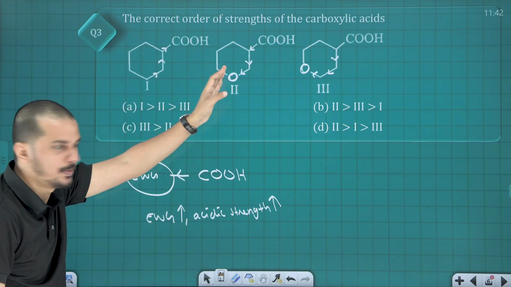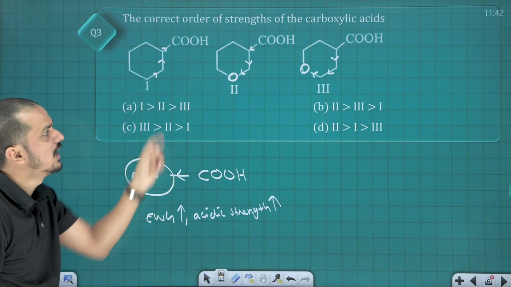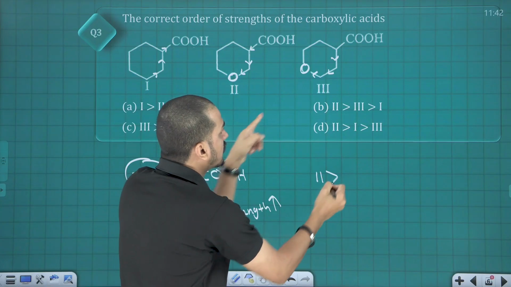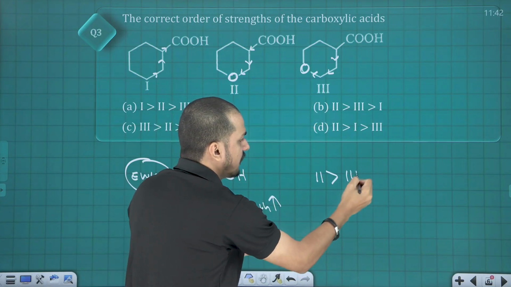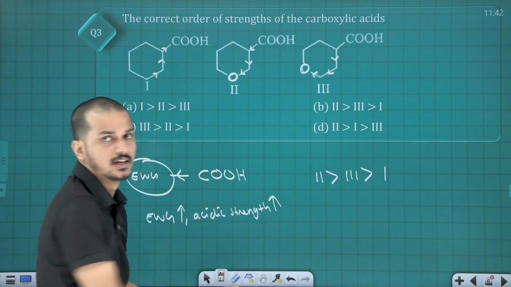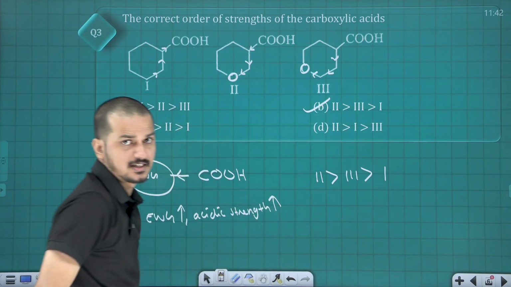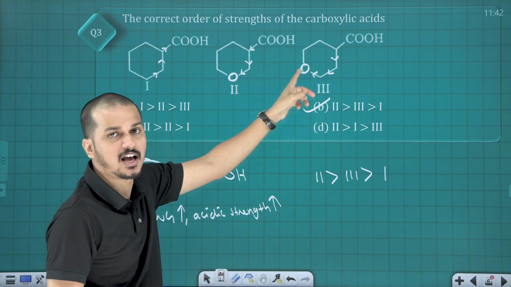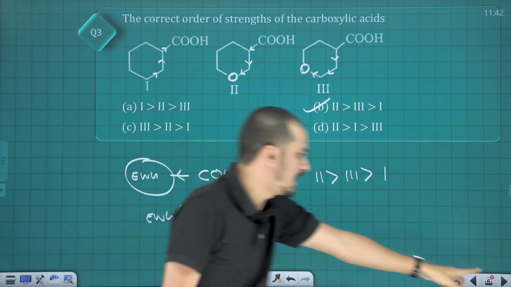Whenever it is a donating group, acidic strength is decreasing. So out of this, which is more withdrawing? The second one. Then after that, the third one. Then after that, the first one. So second, third, first. So option B is the correct answer. Here this oxygen is nearby and withdrawing; here it is far away and withdrawing. So the answer is B.